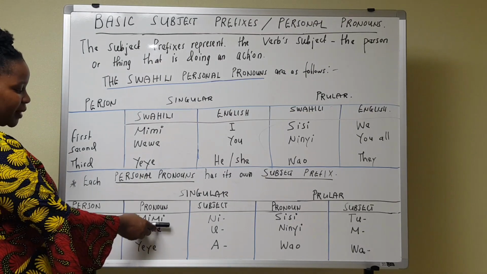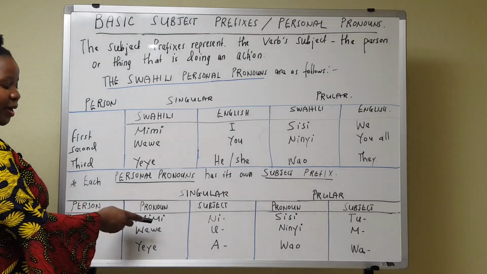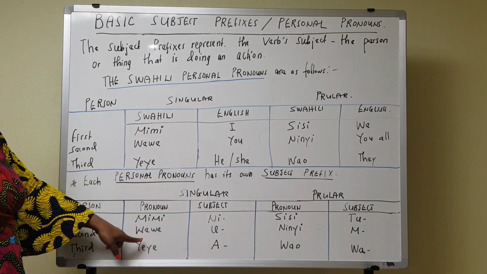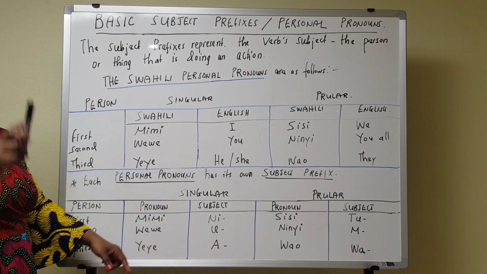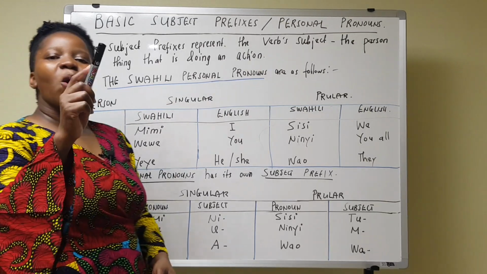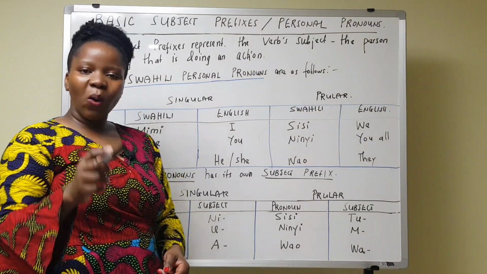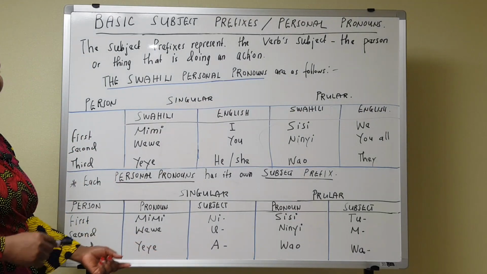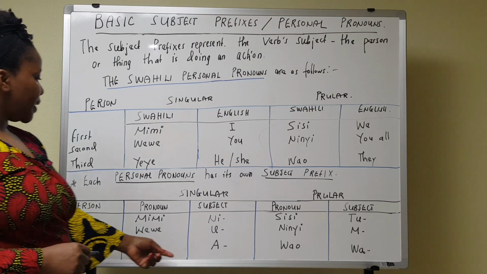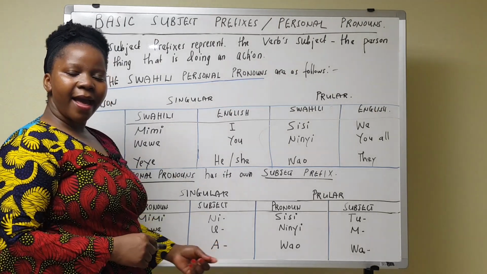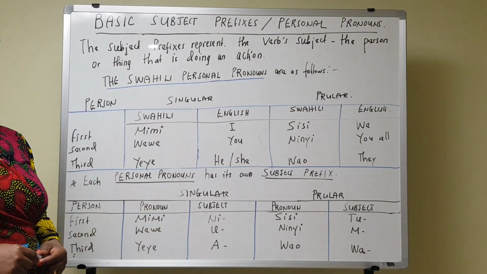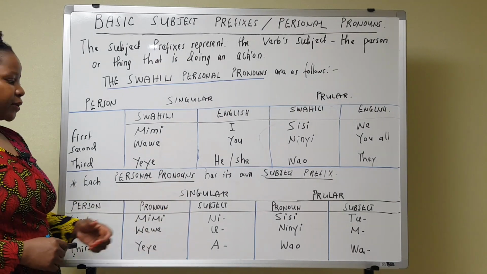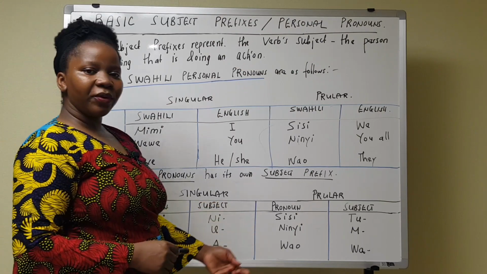So, the subject prefix of personal pronoun Mimi is ni. And the subject prefix of personal pronoun Wewe is u. And the subject prefix of personal pronoun Yeye is a. Okay? So this is in singular form. So let's look at the plural form.